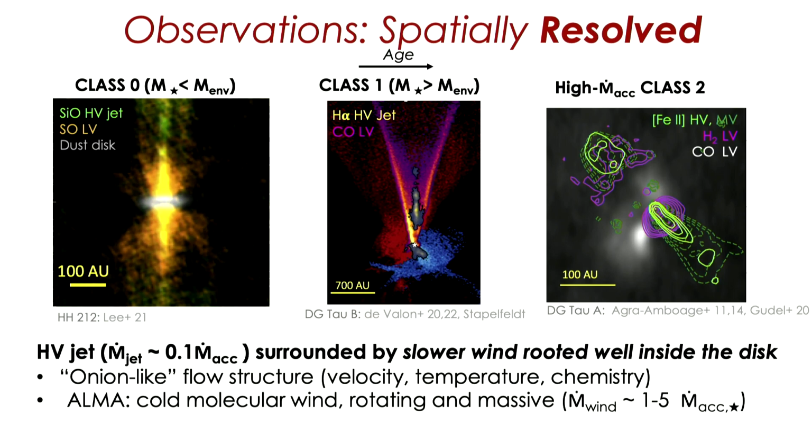What is important is that we still see this onion-like structure, and we can also measure the mass flux, and it's comparable to or larger than the accretion rate onto the star. And these outflows are rotating. So this is the strongest evidence we have so far for disk winds in these objects.